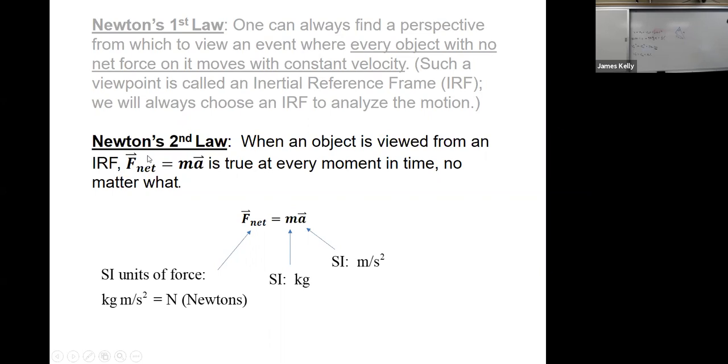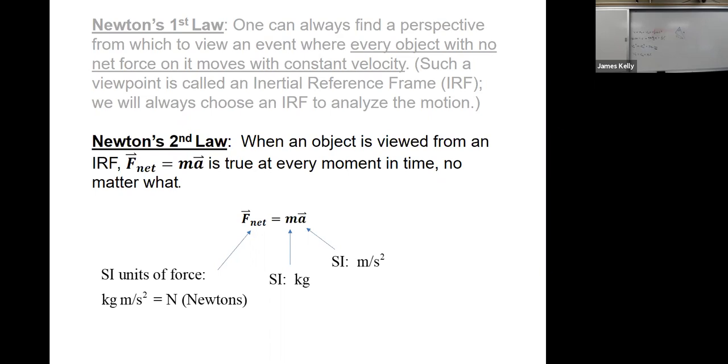He writes the net force with a sigma symbol. Those of you who have taken a calculus course before might have seen this symbol, capital sigma. This means the sum, it's shorthand for the sum of all the forces. Sigma in mathematics usually means sum them all up.